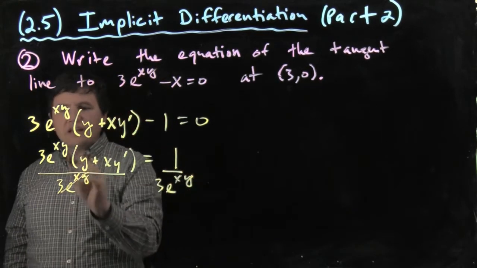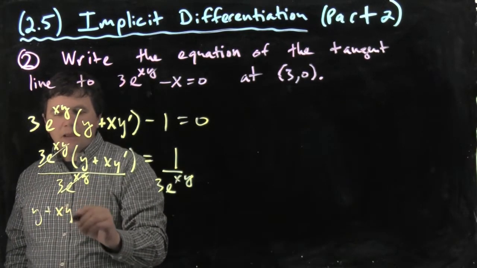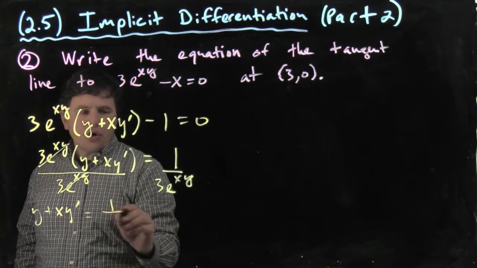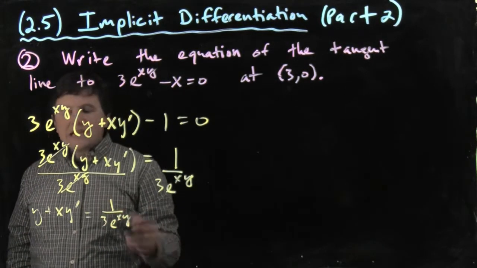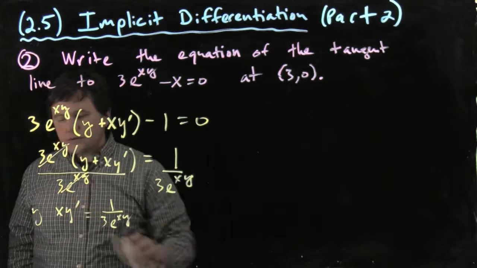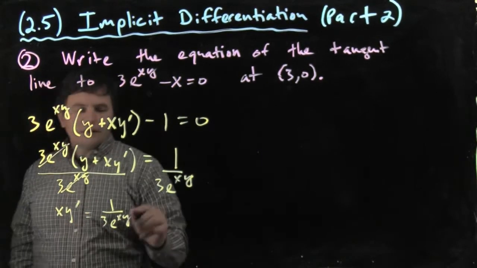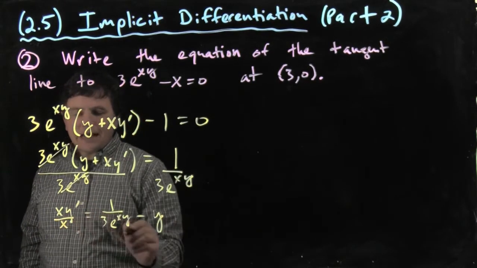Then this is going to cancel, and I'm left with y plus xy prime equals 1 over 3e to the xy. Okay, so now I'm going to subtract the y, subtracting the y here. And then I'm going to divide both sides by x.